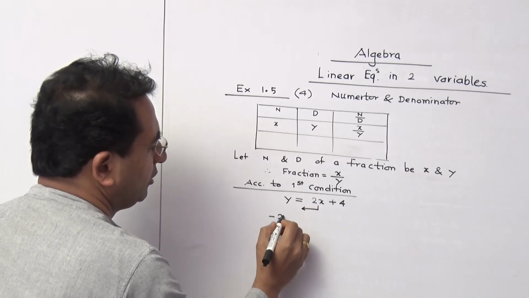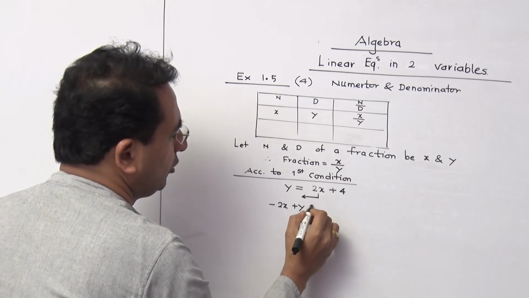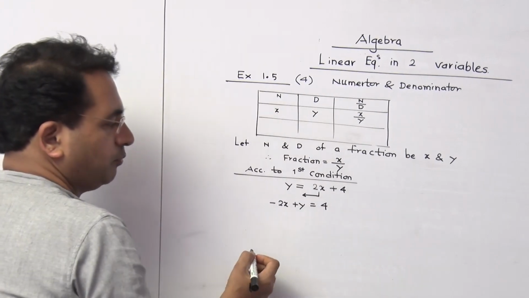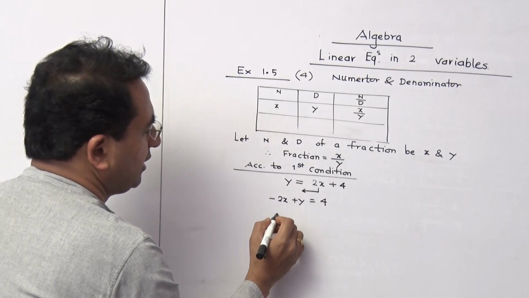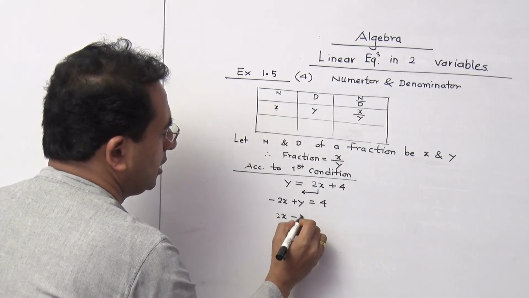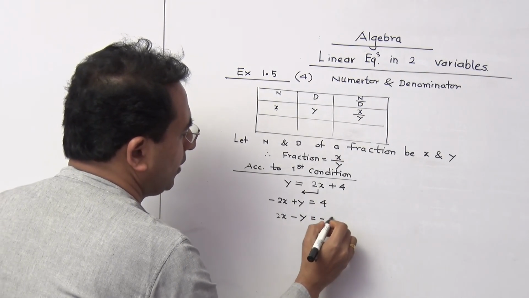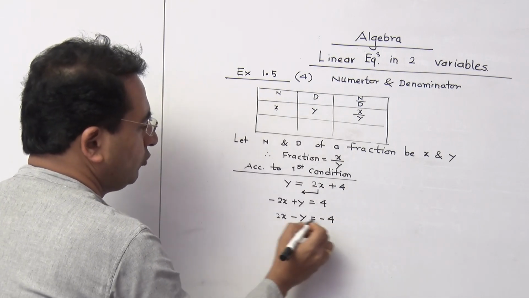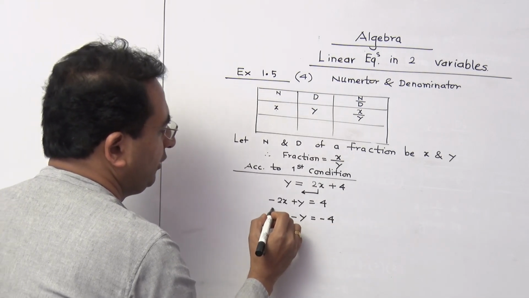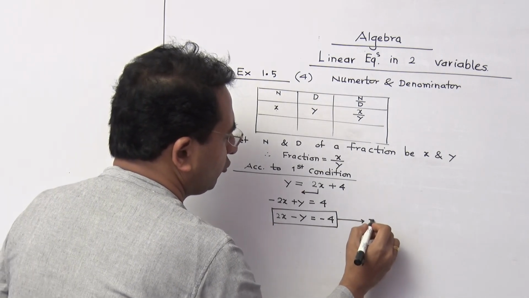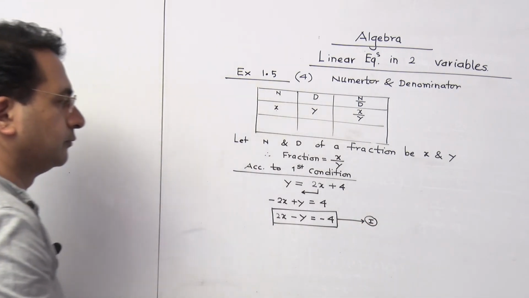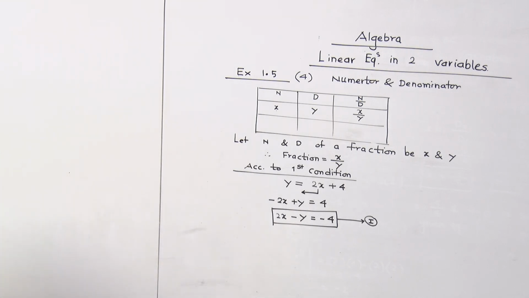It becomes minus 2x plus y is equal to 4. But we never write the equation like this starting with negative sign, and therefore it is 2x minus y is equal to minus 4. Once you get the equation like this, then only you have to number this equation as your equation number 1. Is this clear to you?